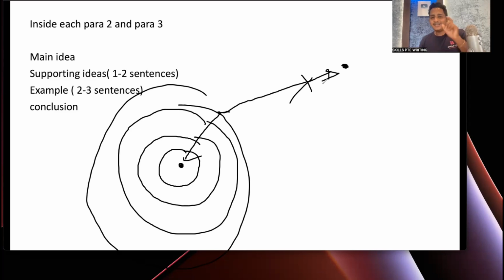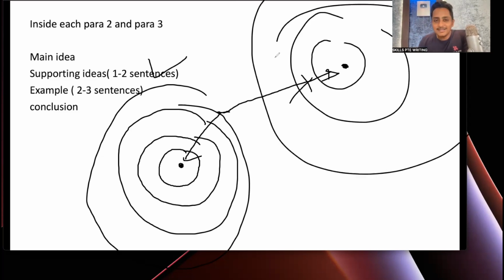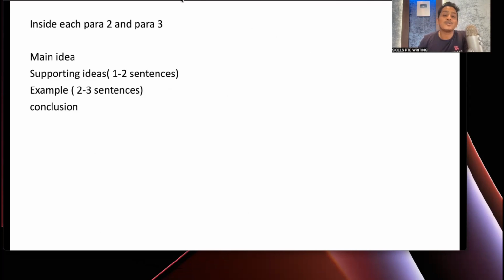Any doubt? So it means one main idea, and whatever you write next should surround this idea only. Do not write for another idea. Then you write one more idea. This is coherence and cohesion. This is what decides your scores. Hope you're getting it. Any doubt so far?